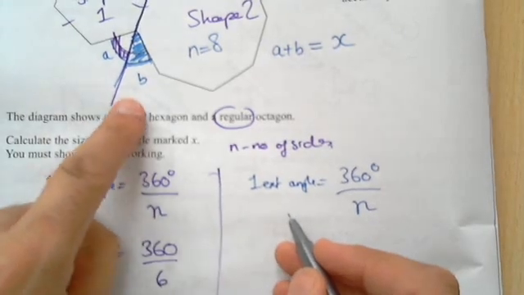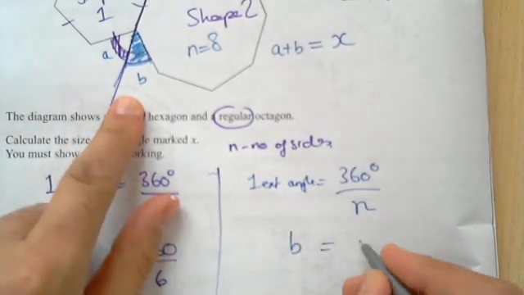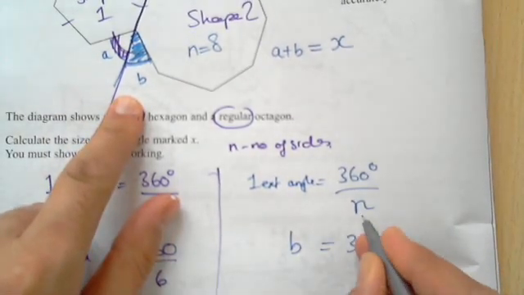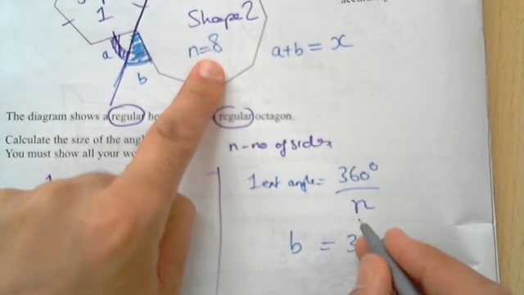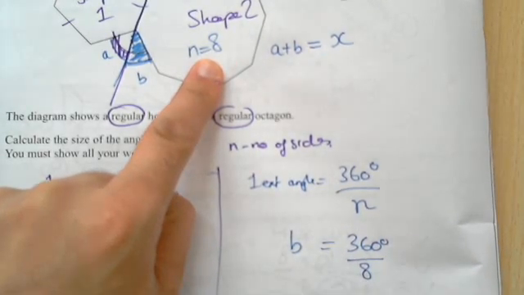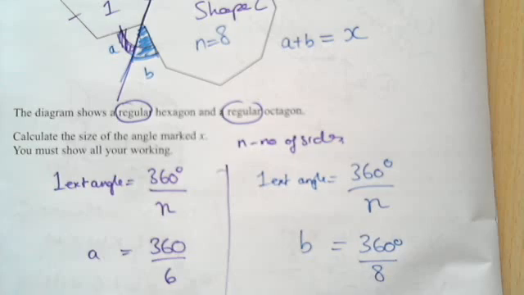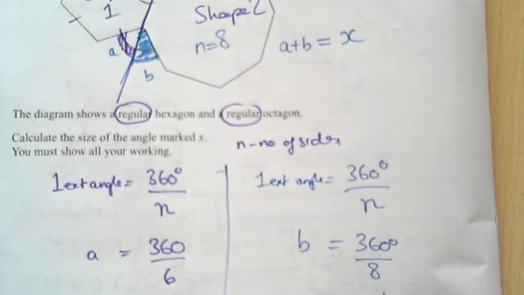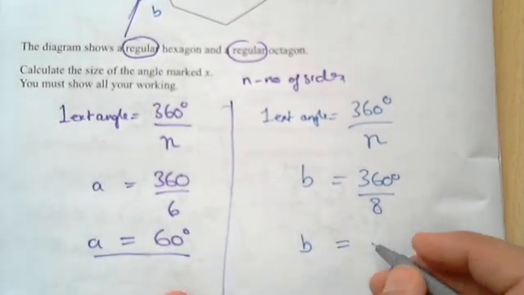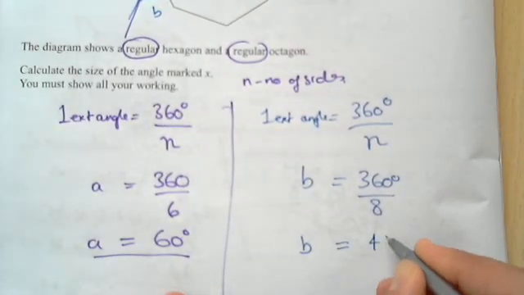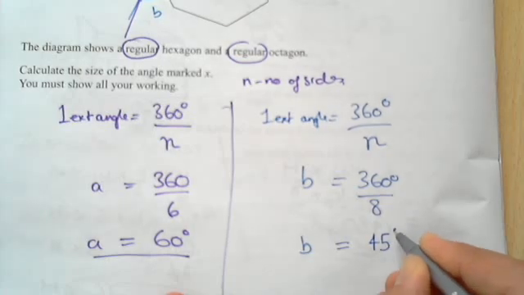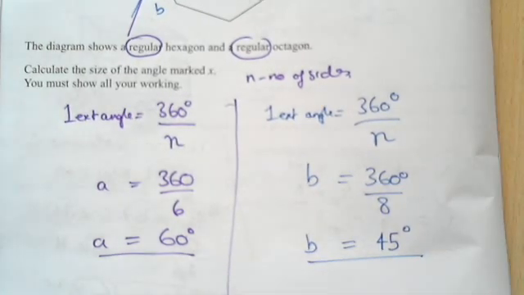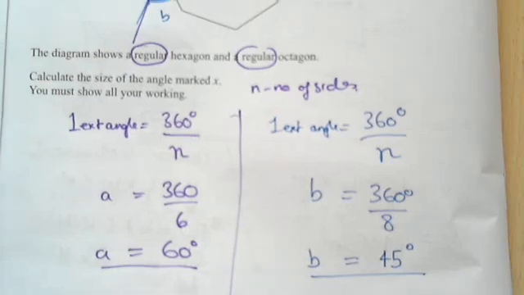The external angle is called B. So B is equal to 360 degrees divided by the number of sides. It's an octagon, so it's 8 sides. So we have 360 divided by 8. That will give us an angle of 45 degrees. So we have the two angles, A and B.